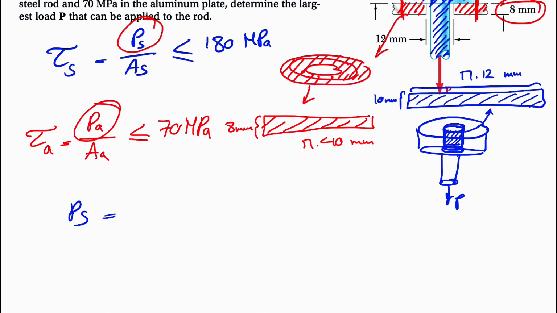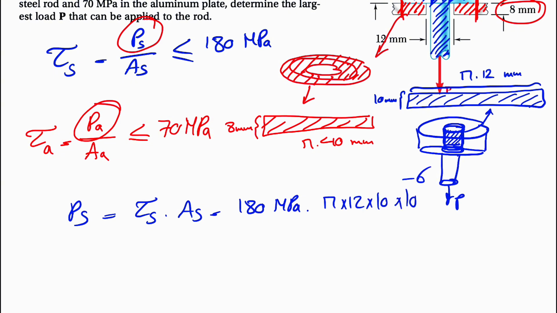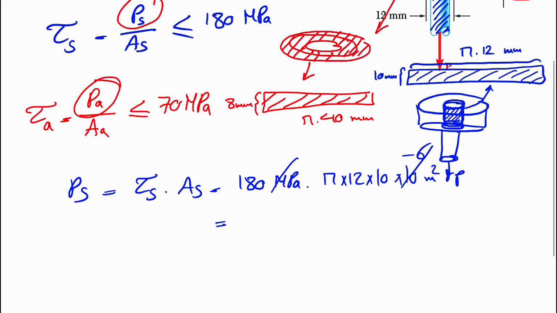To find the force in the steel, we have the shearing stress times area. So 180 megapascal times the area, which as we discussed is pi times 12 times 10, and we're going to have 10 to the minus 6 in order to get it in meters squared, so that we can get a force in Newton. The mega from Pascal is going to cancel out with 10 to the minus 6.